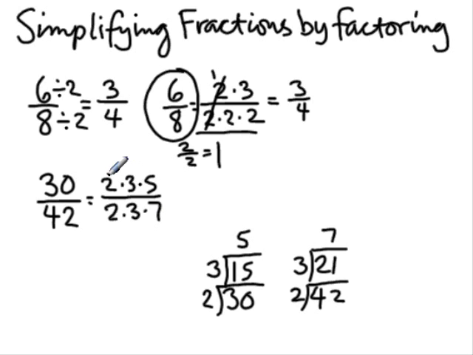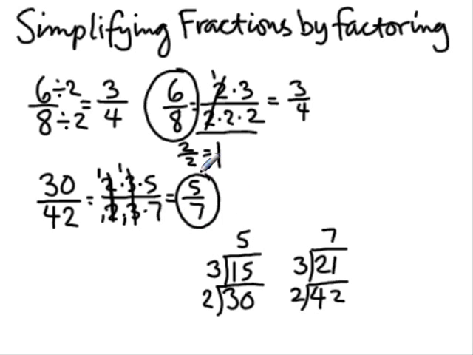And here we have 2 over 2, that's 1. 3 over 3, that's 1. And we're left with 5 over 7. And in fact, the simplest form for 30 over 42 would be 5 over 7. And we can do that in one step.